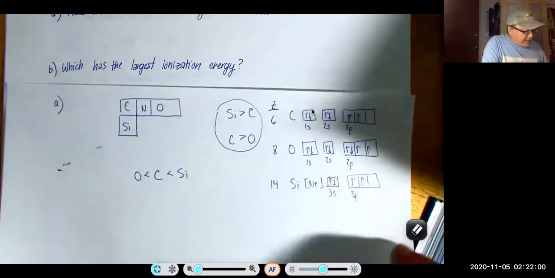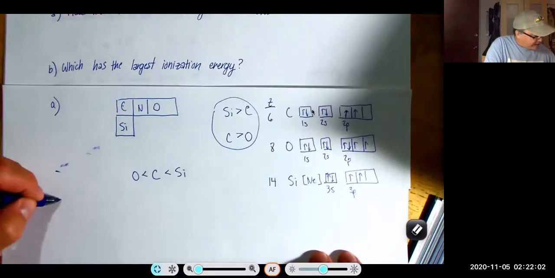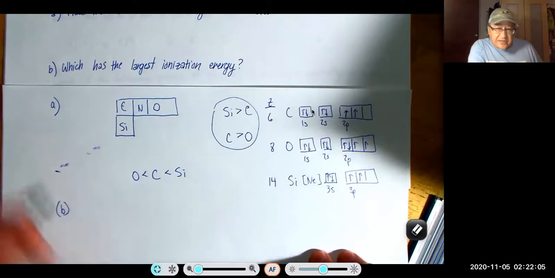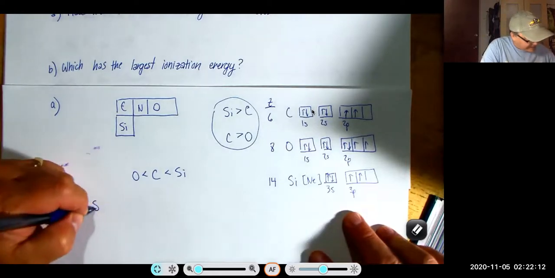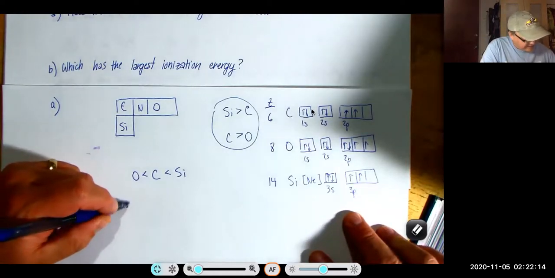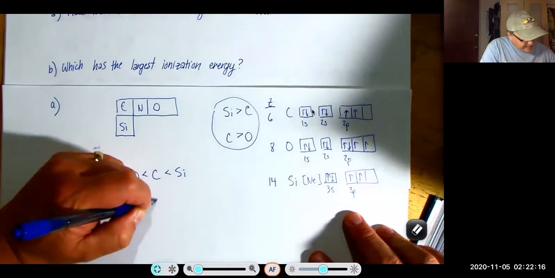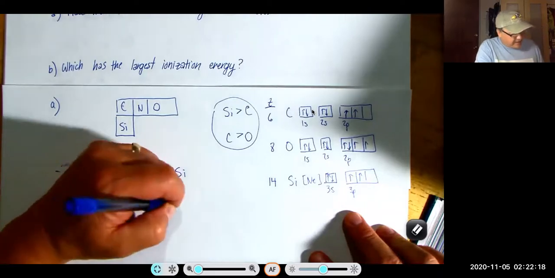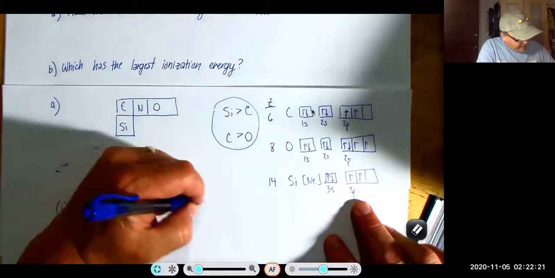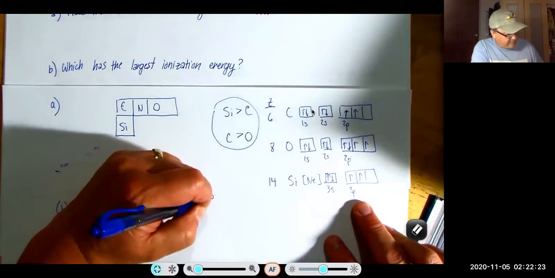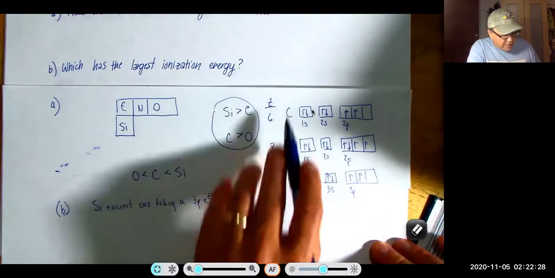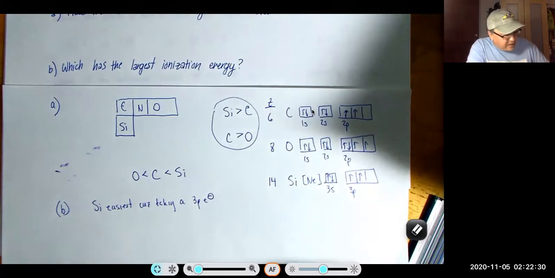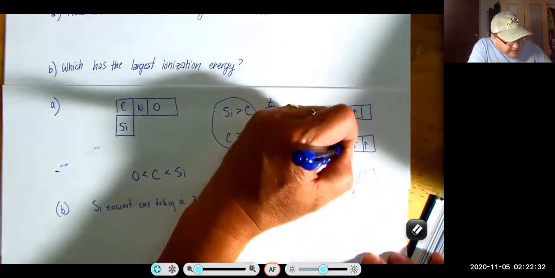We can probably do the same for B, which has the largest ionization energy. So this is the amount of energy required to remove the electron. So I've got to say that silicon is the easiest because you're taking what looks like a 3p electron. Now, what's going to be easier for oxygen or carbon? Now, this does look like we're taking a paired electron.